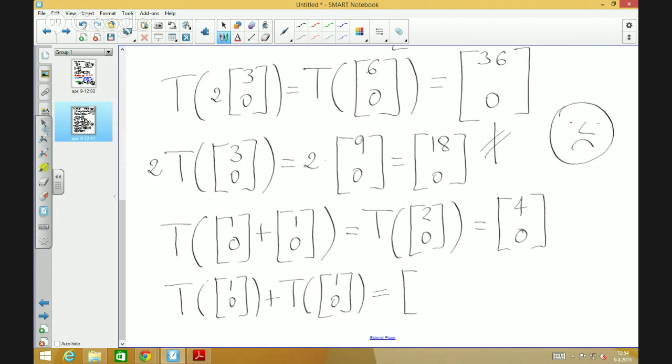Well, if I square 1, I get 1. So I get (1, 0) plus (1, 0), and I get (2, 0), which is not (4, 0).